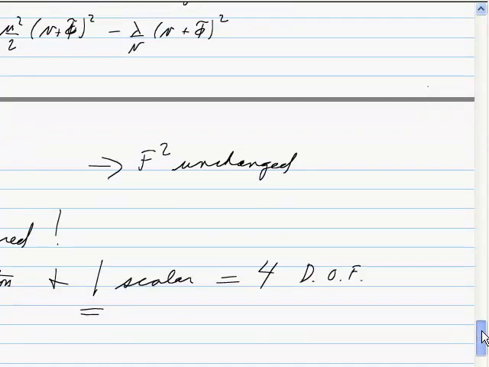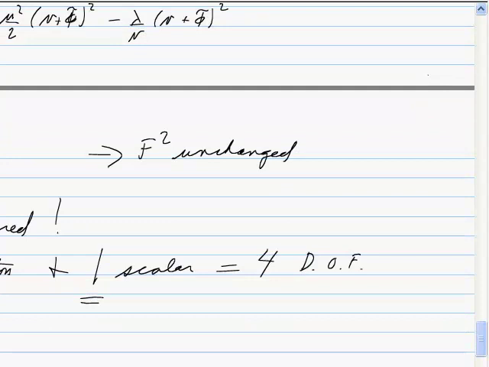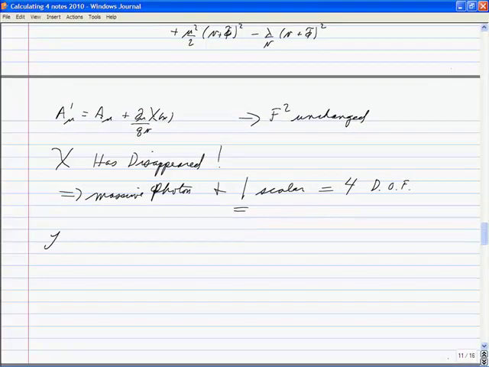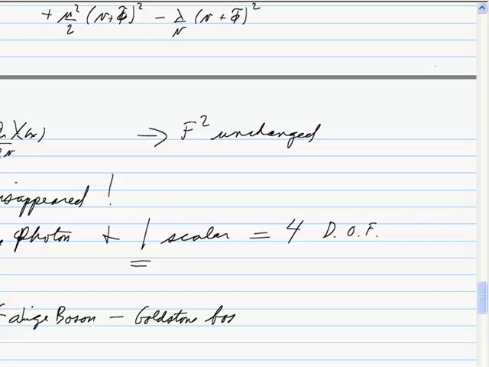So the phrasing of this, the Higgs mechanism, is that the longitudinal spin 0 part of the longitudinal gauge boson comes from the Goldstone. Remember, chi was the Goldstone boson, the massless degree of freedom.